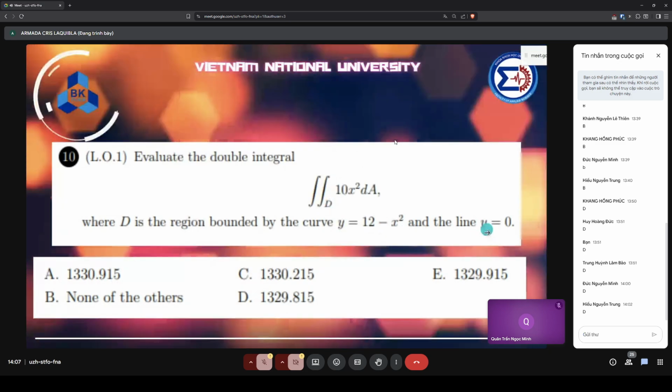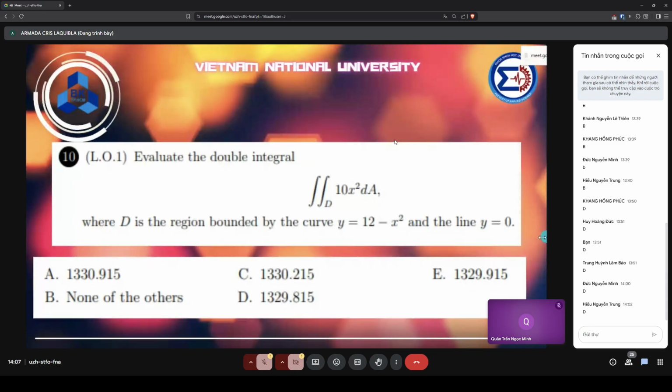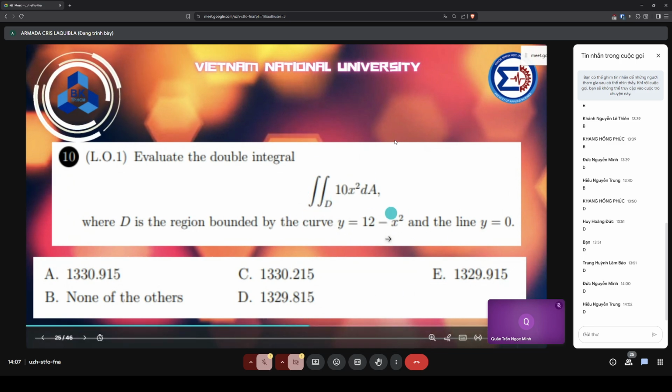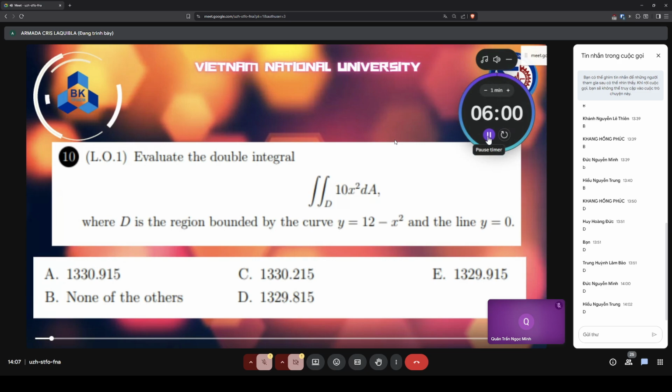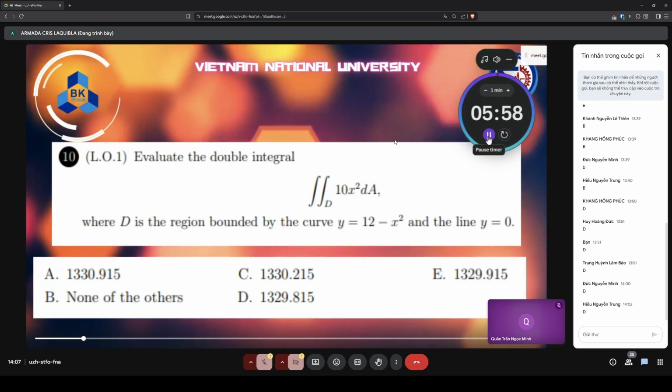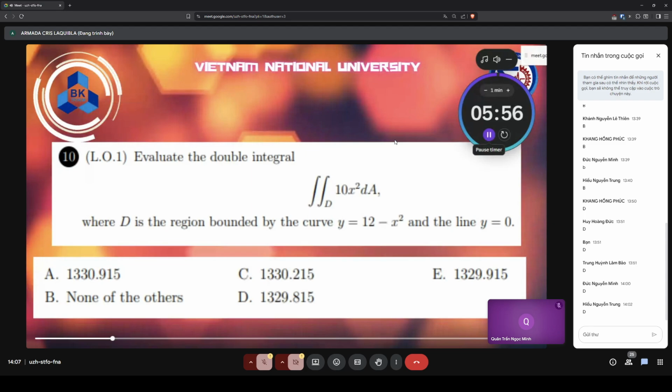Y is equal to 0, so your 12 minus x squared is equal to 0, correct? Now you solve the two values of x, and you substitute them in the outer integral. That's the boundary for your x. And you will solve the integral directly. Okay, I can give you 6 minutes for that. Your timer starts now for this number 10.